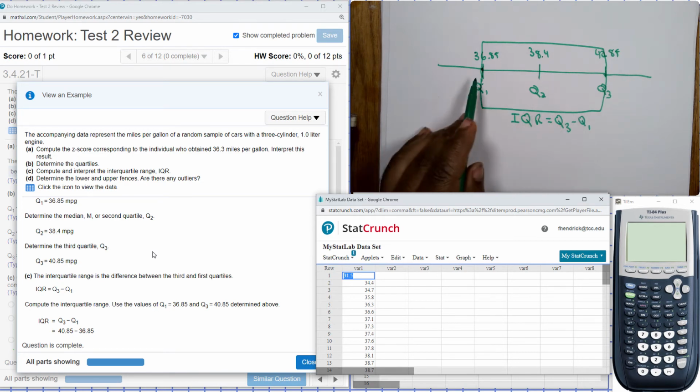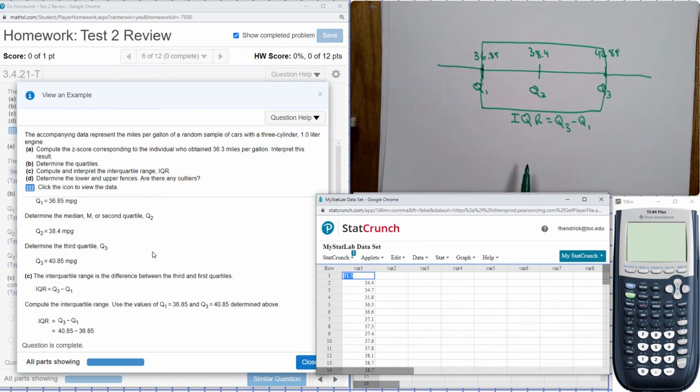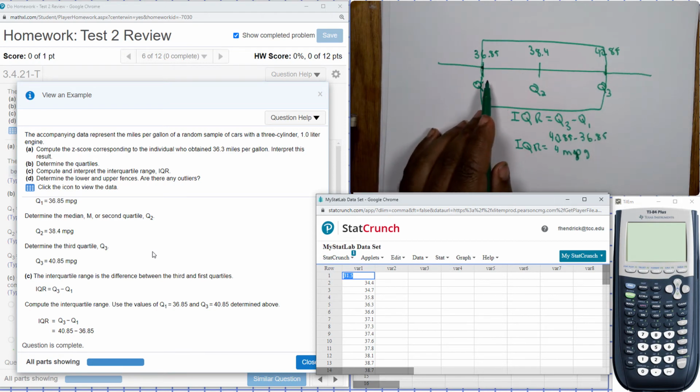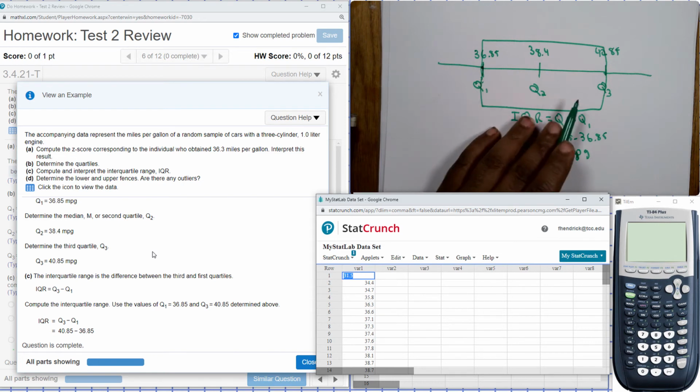So 50% of the data is going to fall between that. In this case here, we have 40.85 minus 36.85, which is 4 miles per gallon. So 50% of the data is going to fall within that 4 miles per gallon.